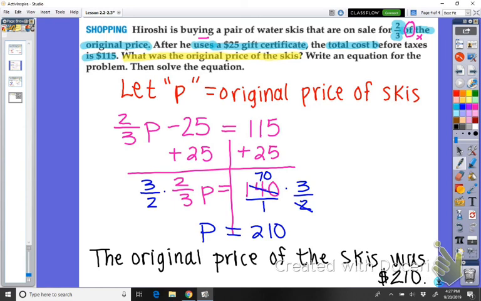And again, go back and double check. Is 2/3 of 210 subtract 25 equal to 115? Make sure you double check, especially on word problems. Ask yourself, is my answer reasonable?